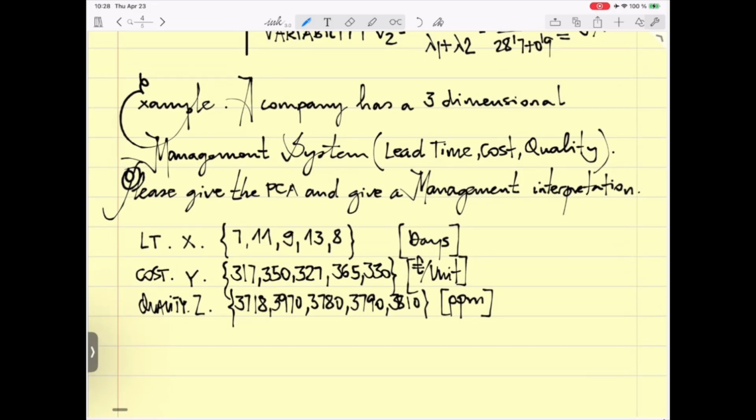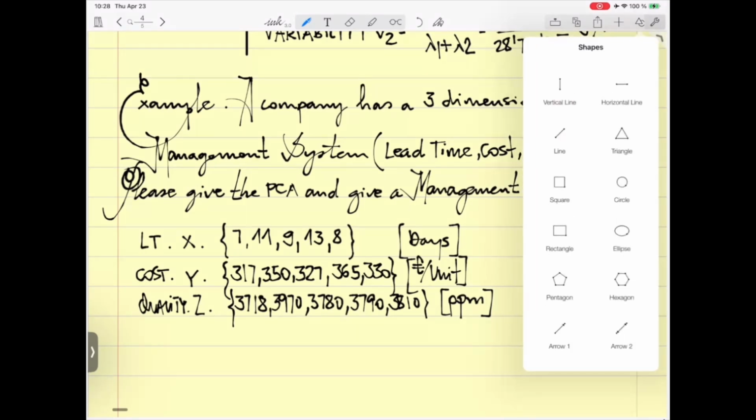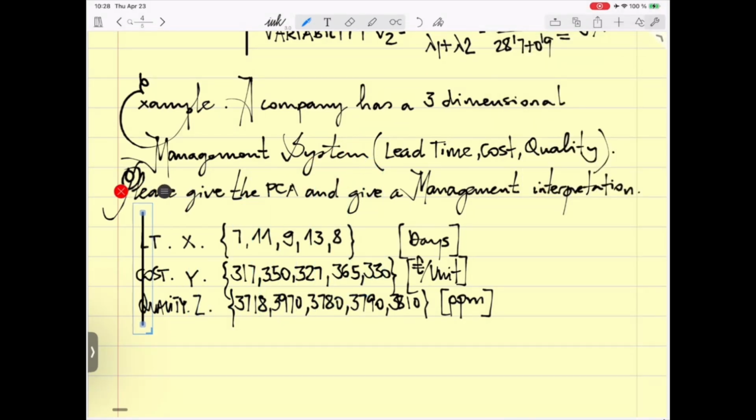So what is the first thing that you see here with your eyes in this system? The first thing that you must see is that we are moving on the lead time in the units, here we are moving on the hundreds, here we are moving on the thousand. So we cannot compare.